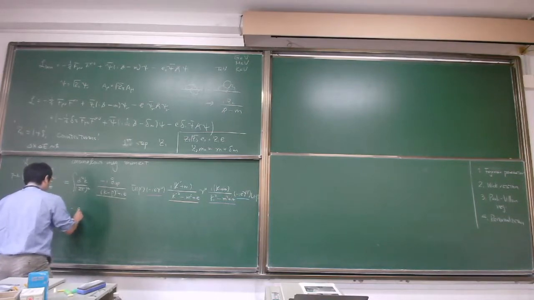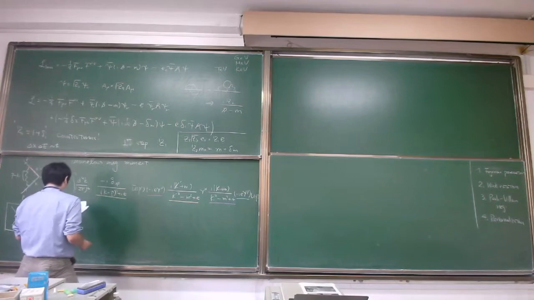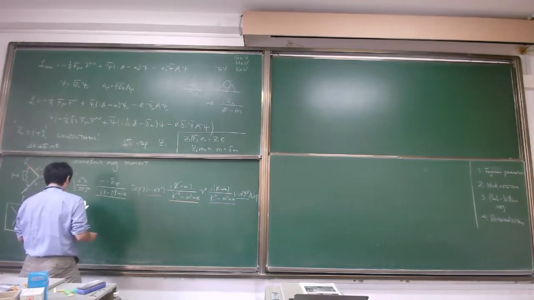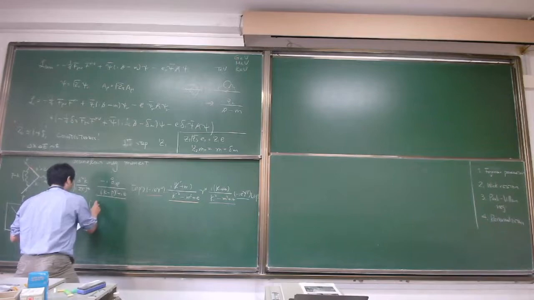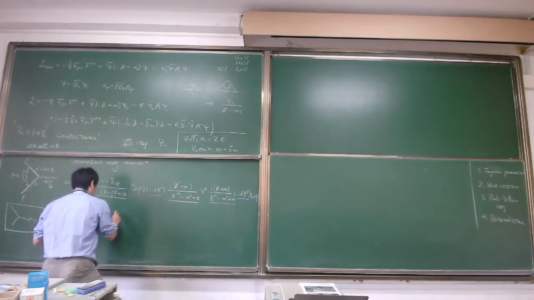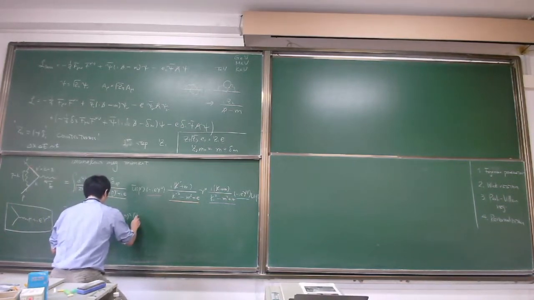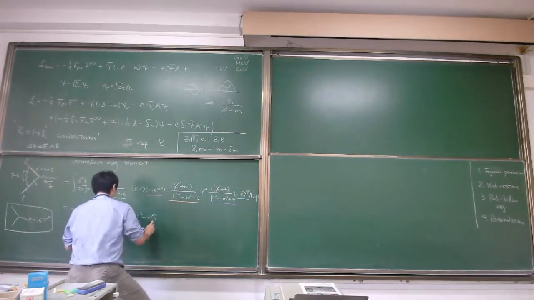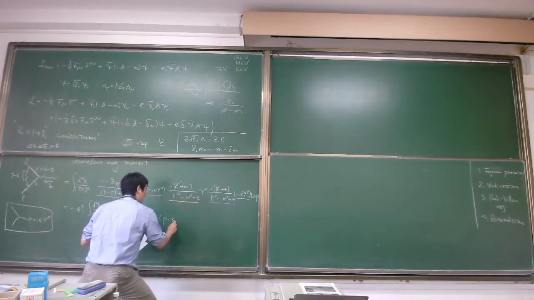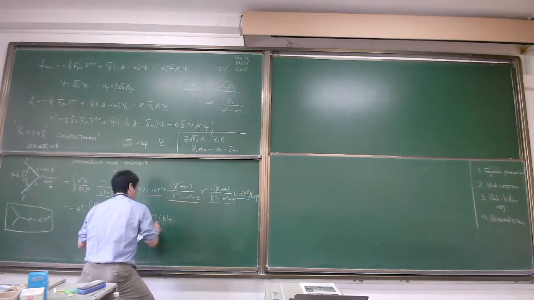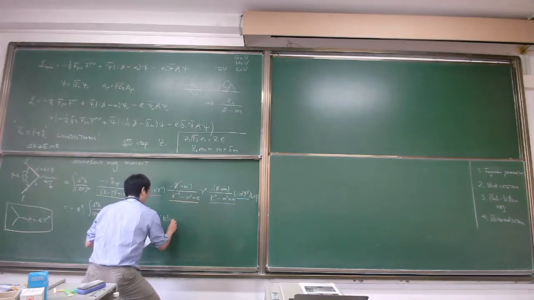Minus i e squared, and the d^4k over (2 pi) to the fourth, and then k minus p squared, and then k squared minus m squared, and then (p minus k) squared plus k prime squared minus m squared.